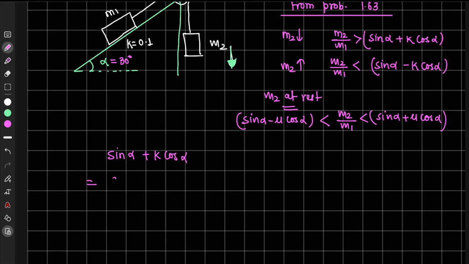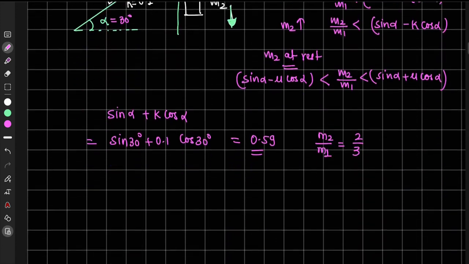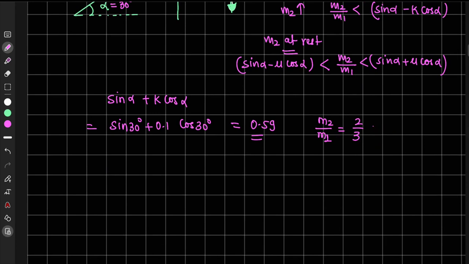Let us first find the value of sin alpha plus k cos alpha. We can write it as sin 30 degrees plus 0.1 times cos 30 degrees. This value is equal to 0.59. And m2 upon m1 is given as 2 by 3 in this problem, which is nothing but 0.67.